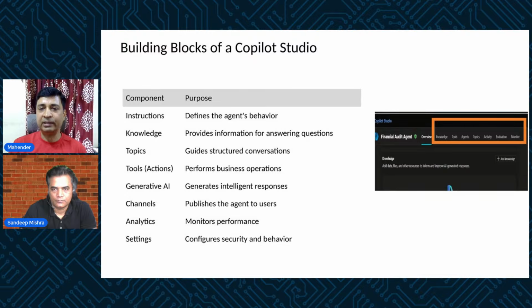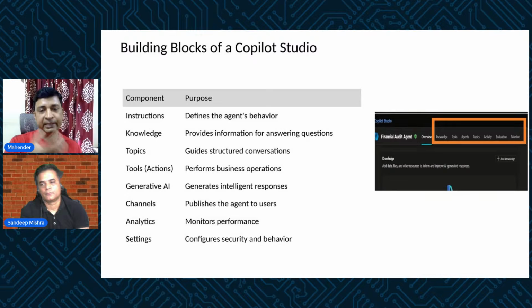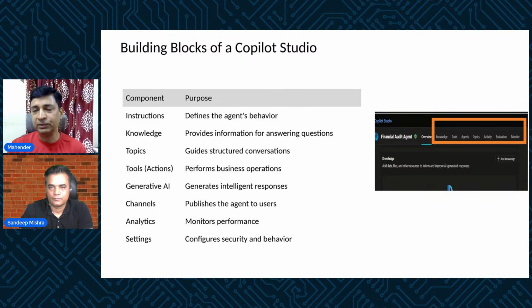In a simple scenario, we might say that when you get this prompt, go to this place, get that file, work on that file, get the data and provide the data. Those are the instructions that we are giving, and based on these instructions our agent will work. So the instruction is basically how our agent is going to behave. First thing is the instruction.